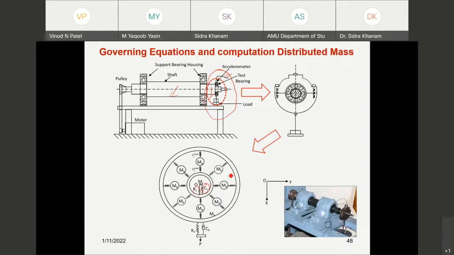Then, when the ball is in contact with the inner race, whatever stiffness is produced between the inner race and the ball, that is KI for the inner race. When the ball is in contact with the outer race, the stiffness produced between the two is KO for the outer race. Different stiffnesses have been given. So this particular model will provide better results than the lumped mass system and the simple impulse series.